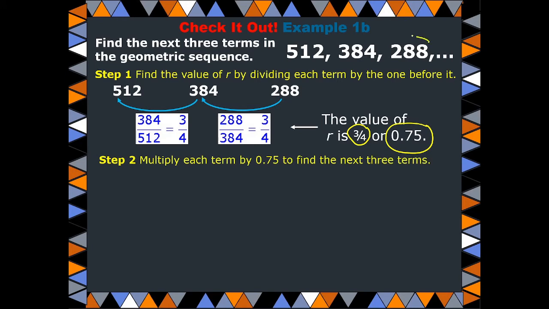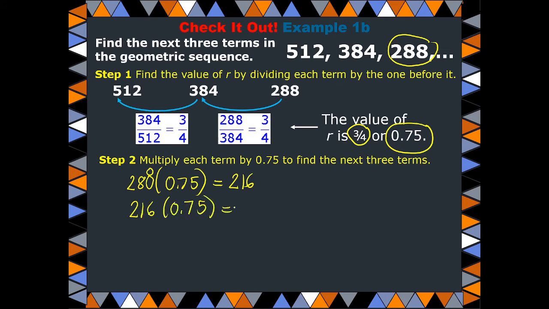So I'm going to have 288 times 0.75. What is 288 times 0.75? It will give me 216. Now, 216, multiply this by 0.75.